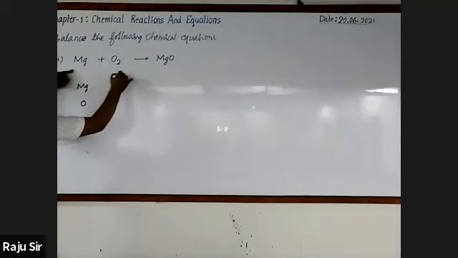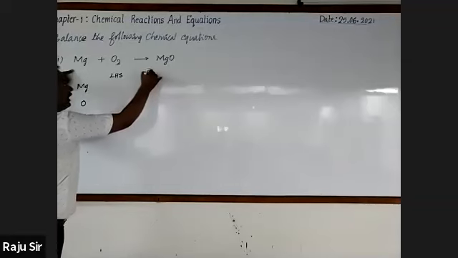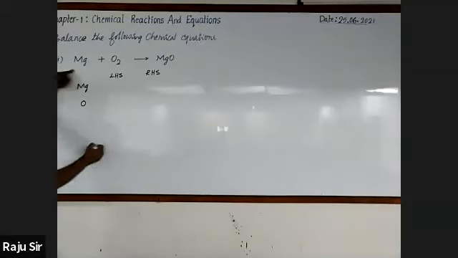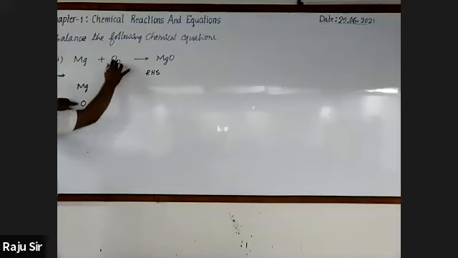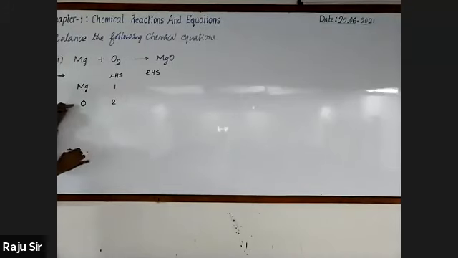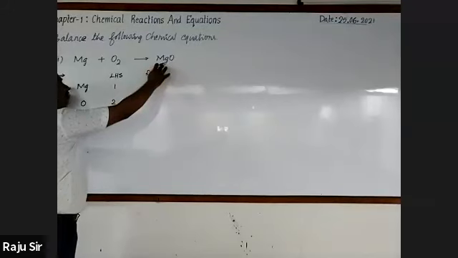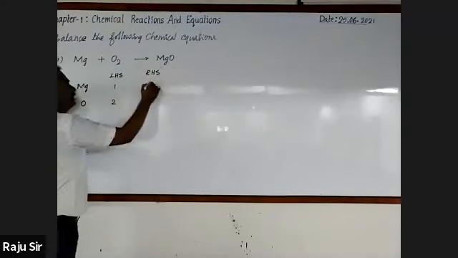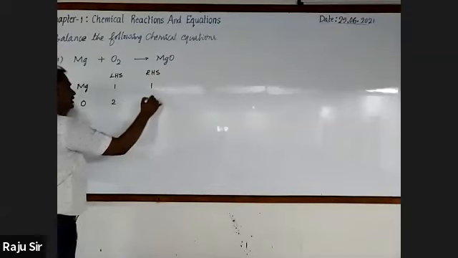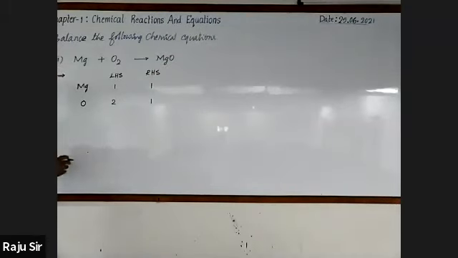You write LHS is the reactant side and RHS is the product side. On the LHS, the number of atoms of magnesium is 1, oxygen is 2. Please write with me. Then on the right hand side, that is the product side, the number of atoms of magnesium is 1 and oxygen is also 1.